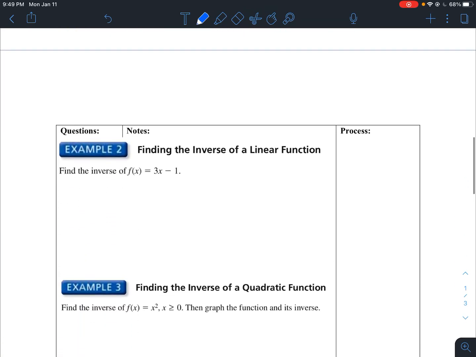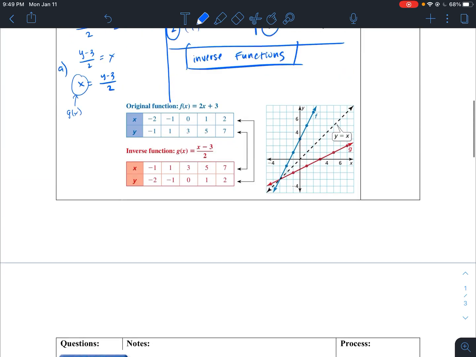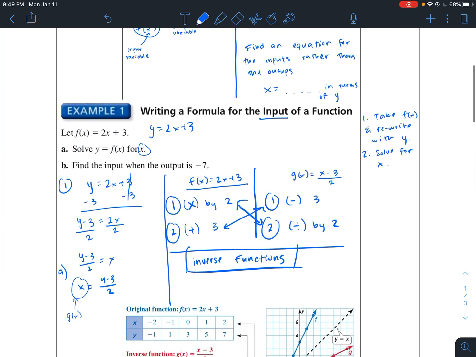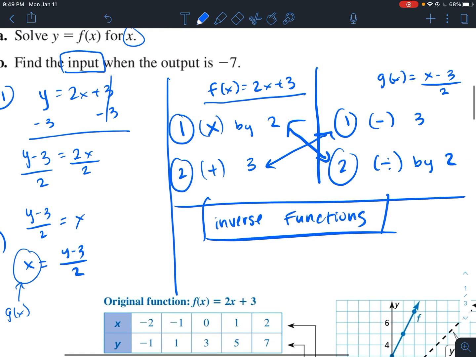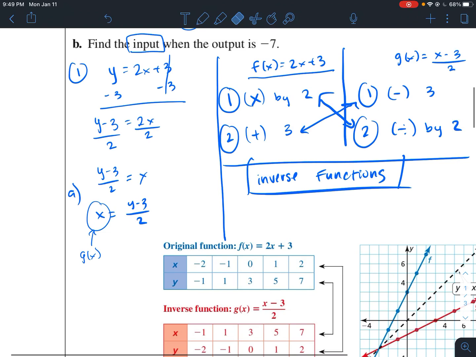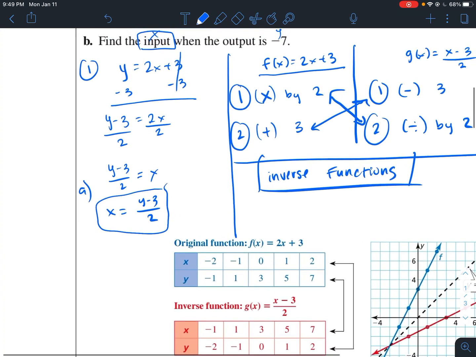So, now let's come down here. First thing I guess we forgot to do here, we need to find the input when the output is -7. So we want to find the input. Input is x, output is y. So we can use this equation right here. If we want to find the input, remember that x is the input, when y is -7.